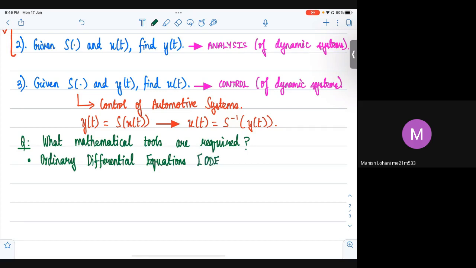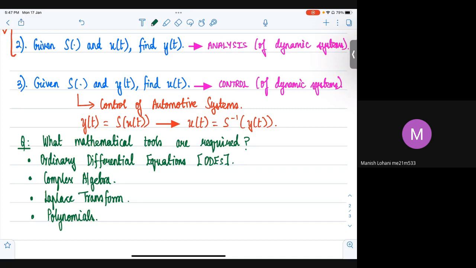So we need to know what the characteristics of ODEs are, how we solve ordinary differential equations, and so on. We need to know a little bit about complex algebra, complex variables, and so on. This is going to be useful, and we need to know a little bit about the Laplace transform, so that we can do some analysis of the mathematical models to gain some insight. And of course, we need to know a little bit from the theory of polynomials to do some analysis.